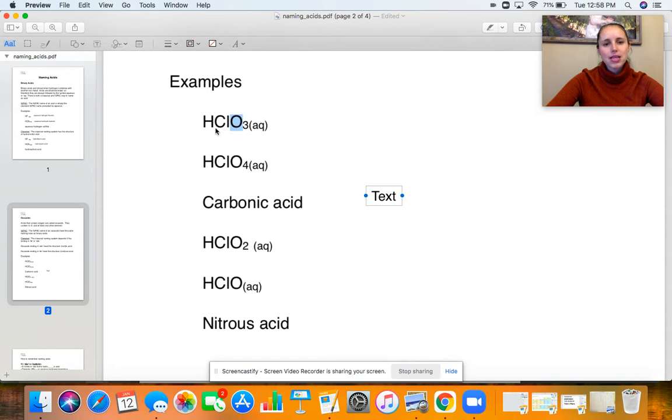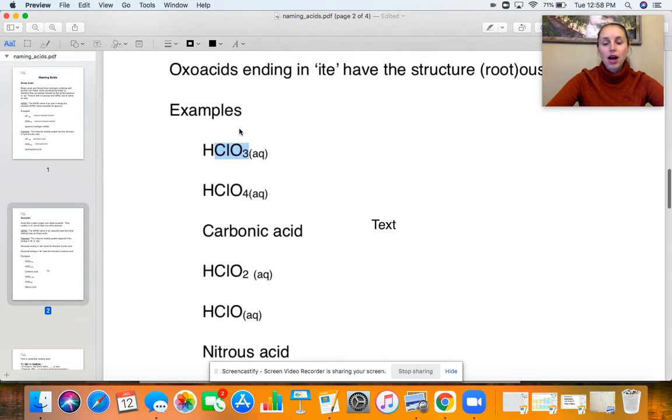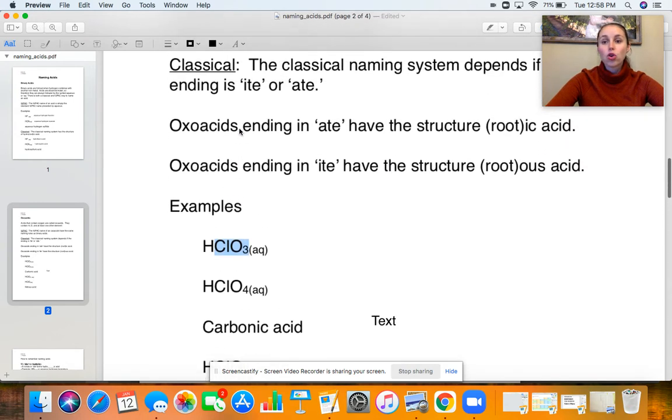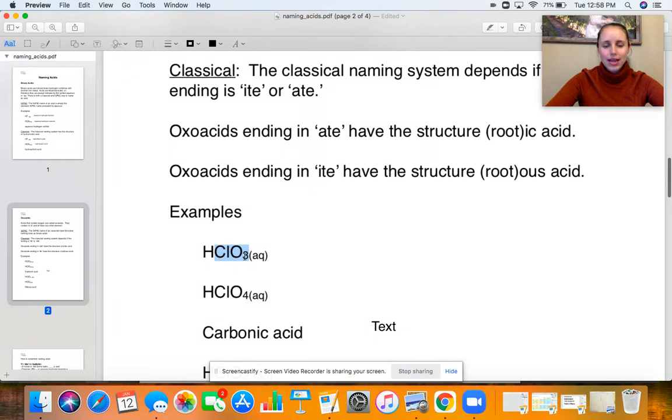Now to name this, I need to take a look and see ClO3. That's a polyatomic ion. What's that polyatomic ion? If I refer to my polyatomic ion chart, I'm going to see ClO3 is an example of chlorate. So chlorate is ClO3.